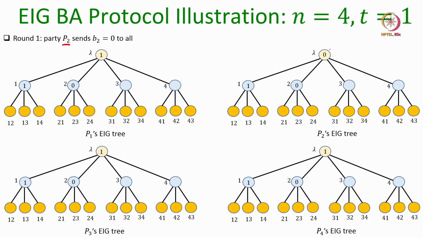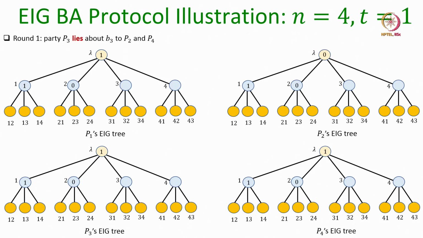So, P2 will inform everyone that in my EIG tree the node with label lambda has been assigned the value 0, and this information it will give to 1, to 2, to 3, and to 4 during round number 1. And due to this, the node with label 2 will be assigned a value at the end of round 1. It will now be assigned the value 0.